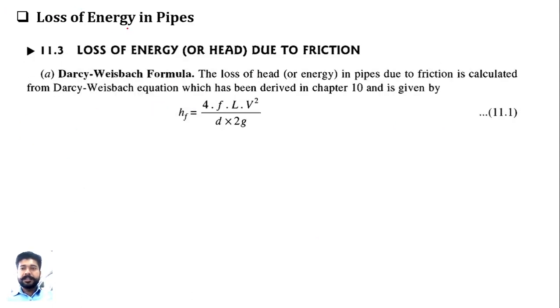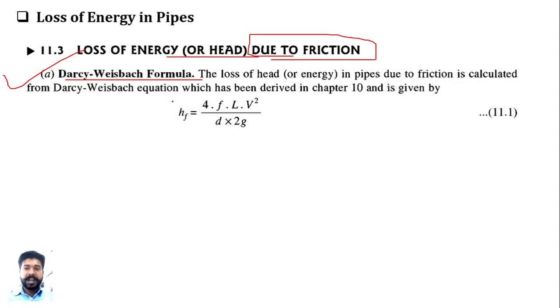Here it is, the loss of energy or head due to friction, that is our major loss. The first one is the Darcy-Weisbach formula, which was already derived in our previous session.